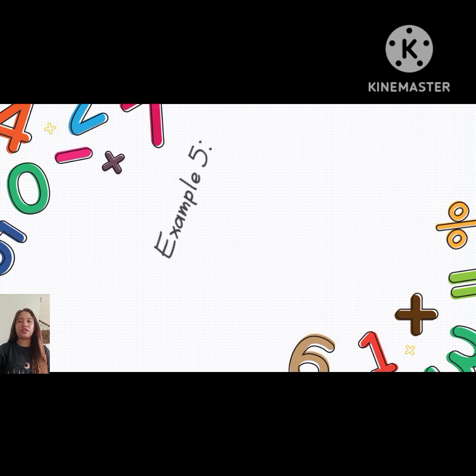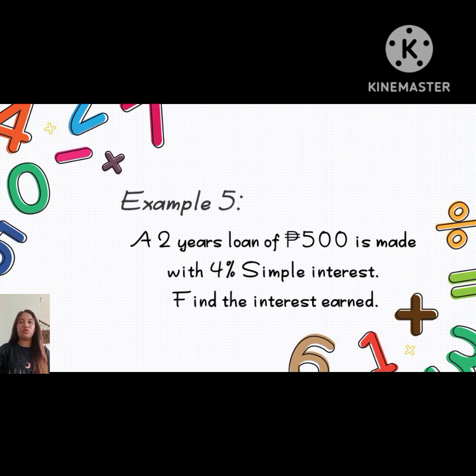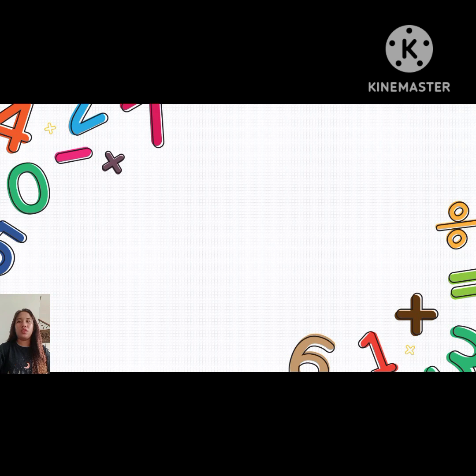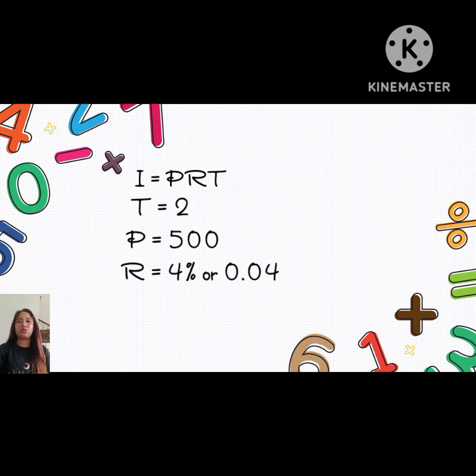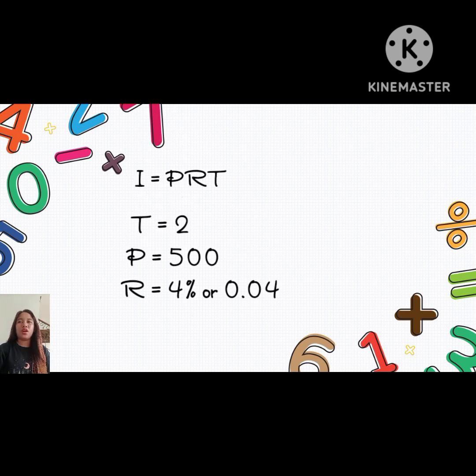Let's have another example. A 2-year loan of 500 pesos is made at 4% simple interest. Find the interest earned. Our time value is 2 years, our principal is 500 pesos, the initial amount, and the rate is 4%.